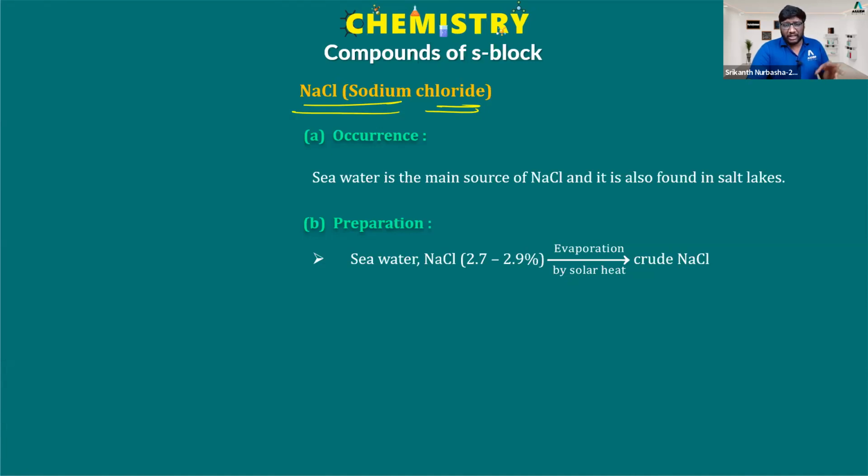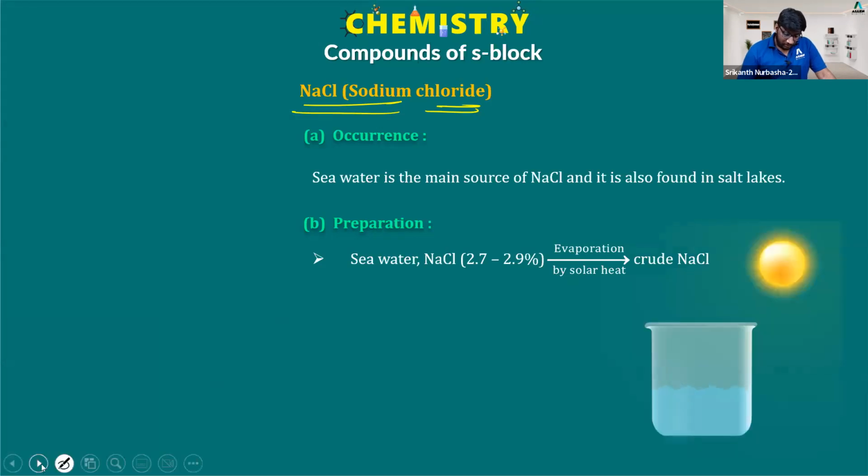The insoluble impurities you can remove by filtration. The soluble impurities you have to remove by the ion exchange method. So you take seawater, evaporate it by solar heat, and you get crude NaCl.